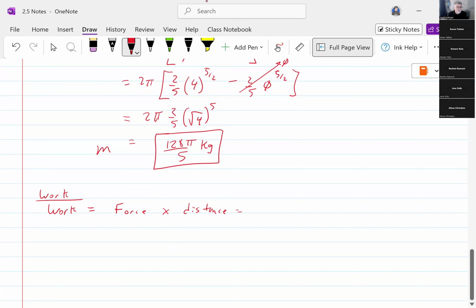We can think of it in terms of Newton's second law of motion, F equals ma, mass times acceleration, times distance.